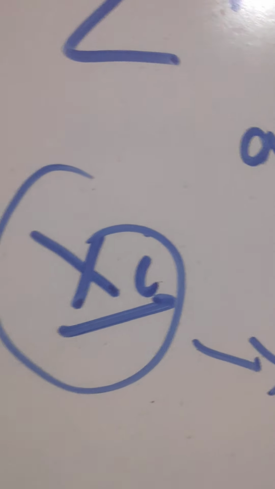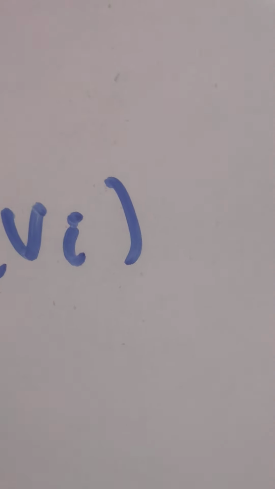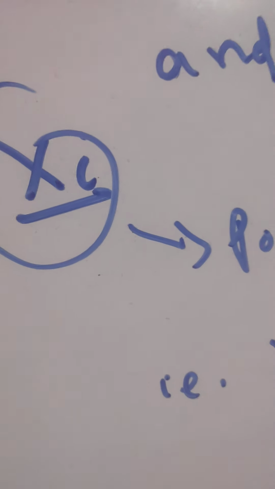What is xi? Xi is the portion of the item, that is, xi is either 0 or 1.